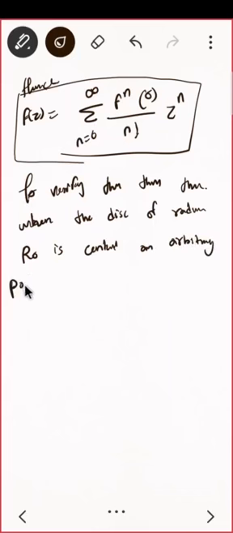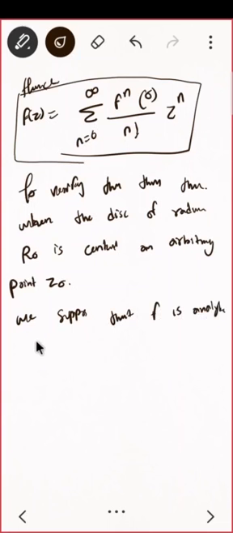Earlier it was 0. Correct? So we suppose that f is analytic where mod of z minus z0 is less than r0. Correct? That point is now z0.